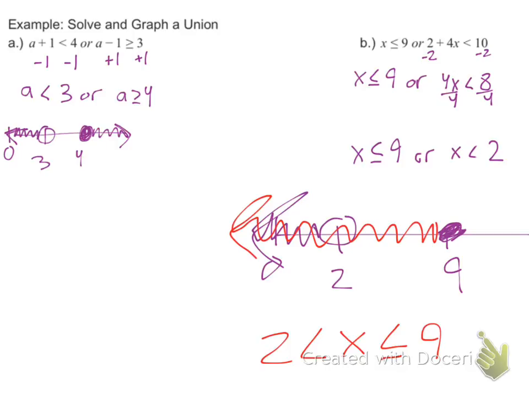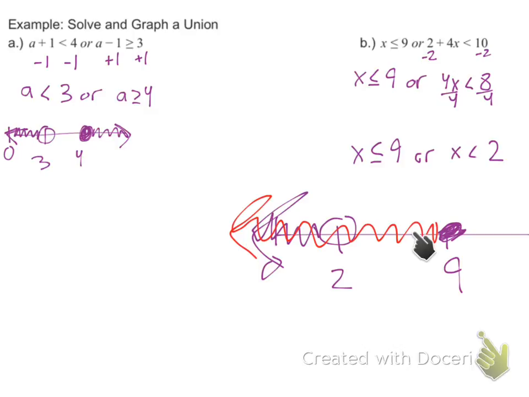Guys, remember what this or means. What does or mean? It can be here or there, right? So I can be the purple shaded region, yes? Or I can be the red shaded region.